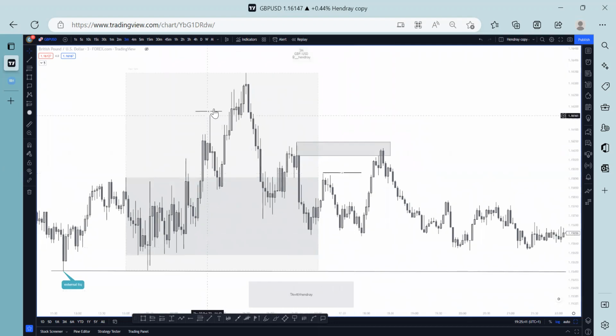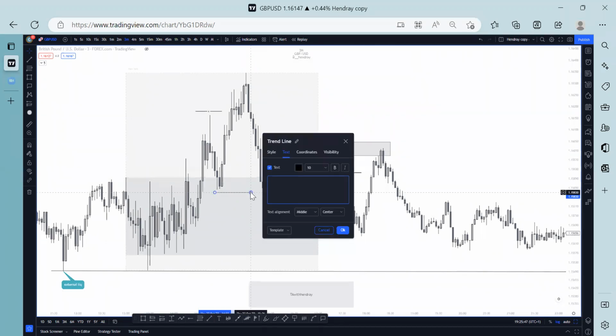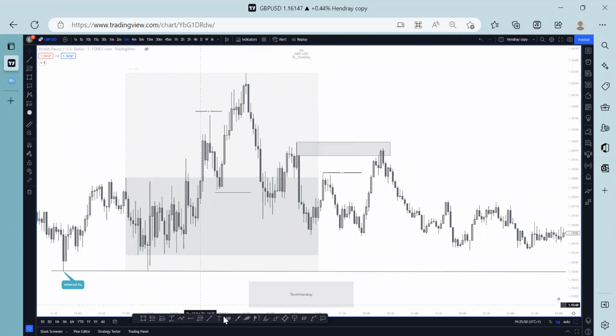Then the break of this low right here is an internal structure break. At times we call it internal structure BMS. Between this range, from this range low to this range high, that is a swing, isn't it? Swing low to swing high.